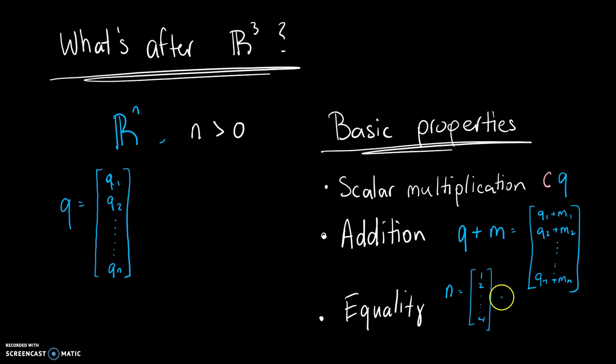This is still an n-dimensional space, don't get confused. And then we have a vector L, and we have 1, 2, 4. You just have to trust me when I say that the dots would be equal, and if they were, then these two vectors, n and L, would also be equal to one another.